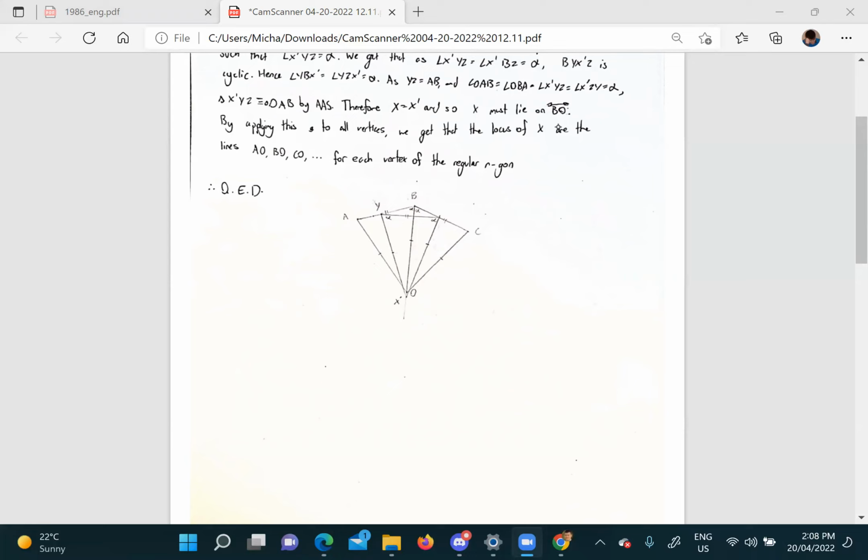P midpoint XY. Let me try to. Distance XP is fixed. Yeah, that's true. Wait, yeah, P YZ XP.